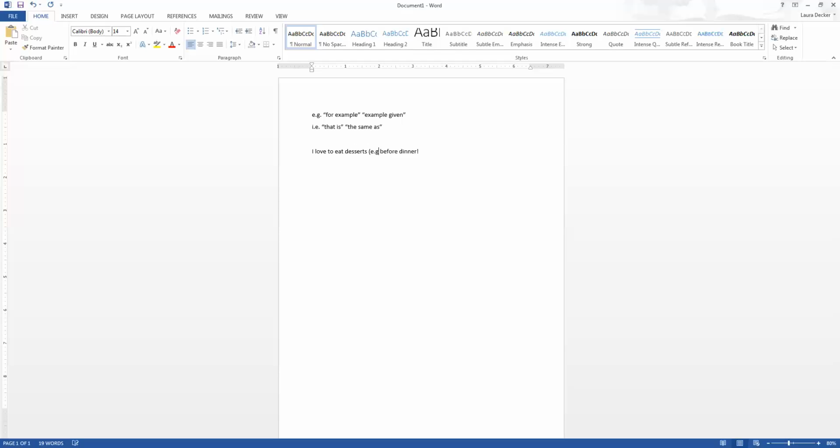So I'm going to say example given, so that gives my reader some examples of what I mean when I say desserts. It could be that some people eat steak for dessert, or I've heard in my family sometimes mashed potatoes are desserts. But this makes it really clear what I'm talking about when I say desserts. But it still lets my reader know that there could be more desserts. These are just 3 examples. That's what that e.g. says.